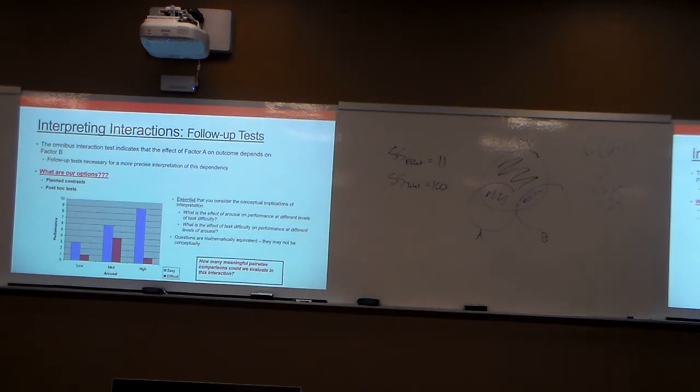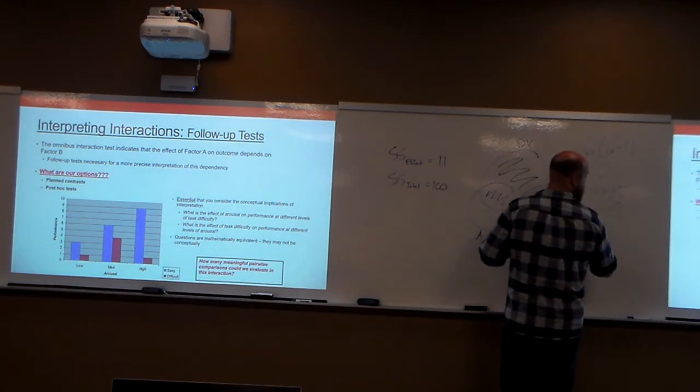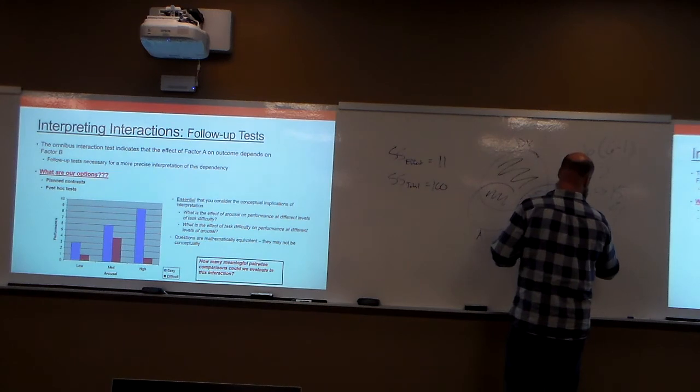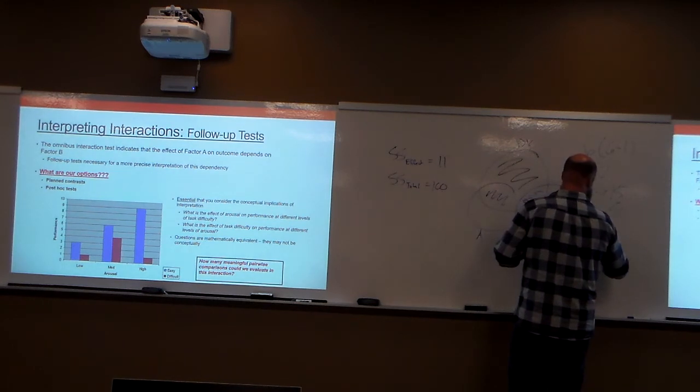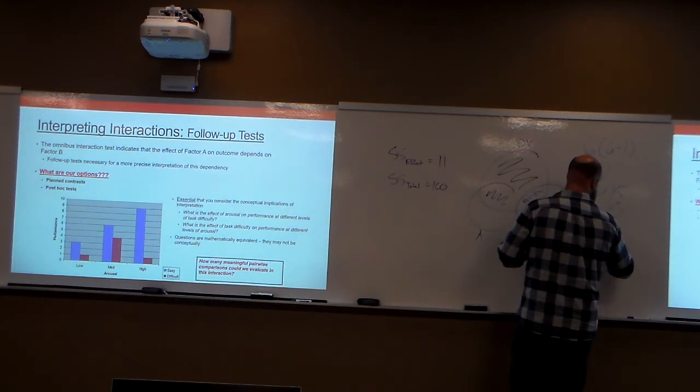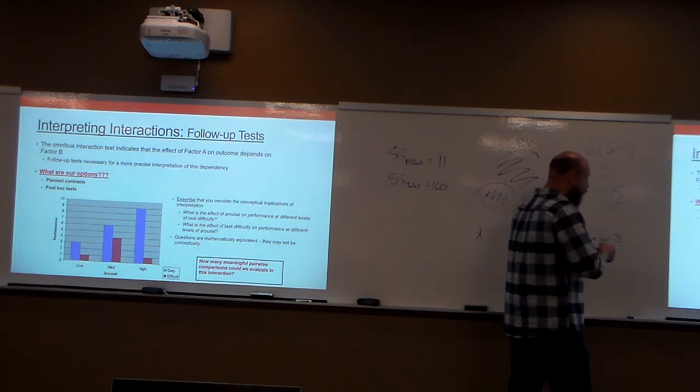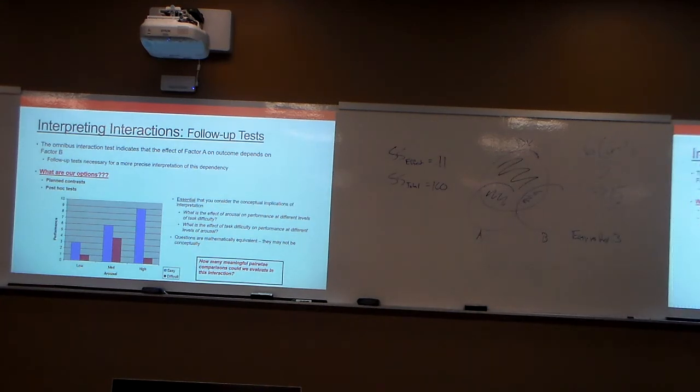So I've got easy versus hard, 3 comparisons. What if we start looking at pairwise comparisons if we're looking at the impact of arousal for people assigned to an easy task?